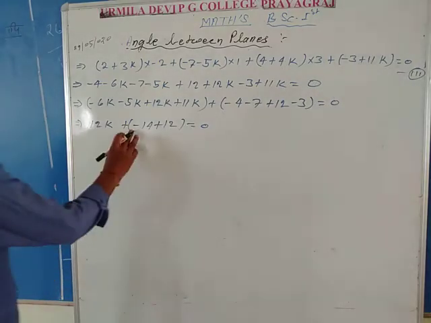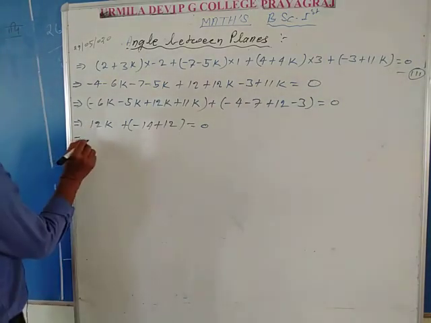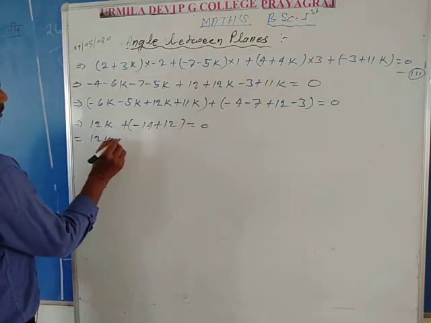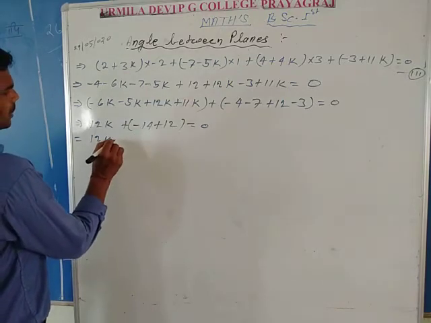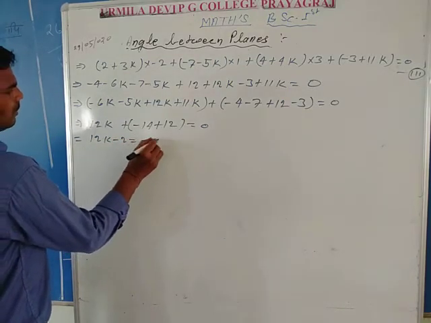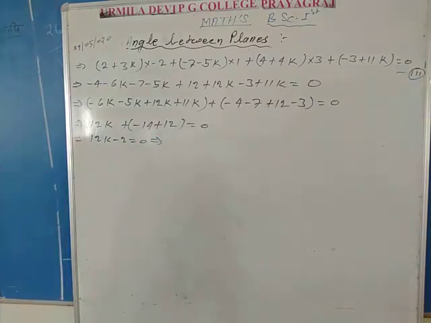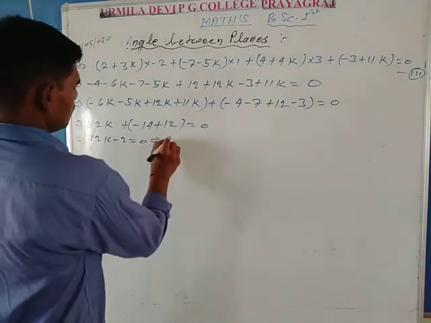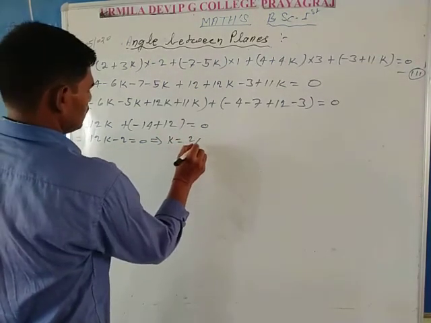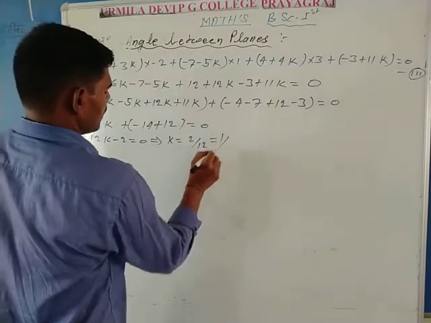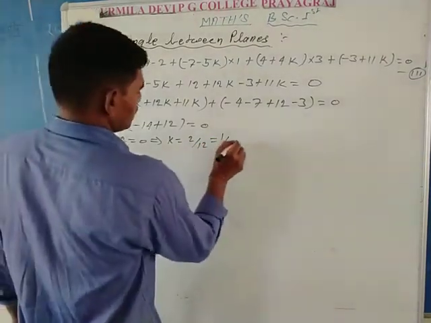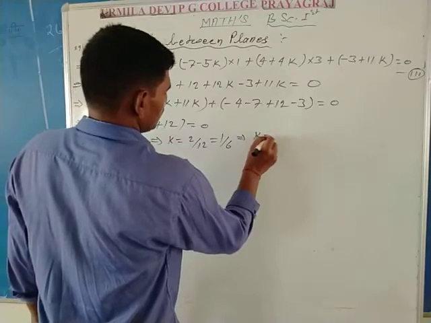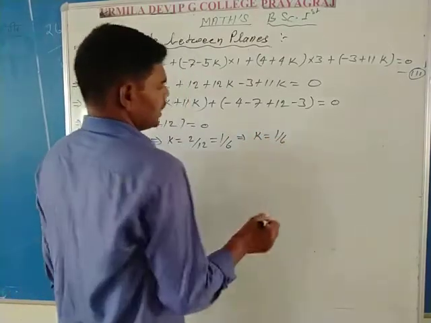After simplification, 12k - 2 is equal to 0. It implies k is equal to 2 by 12, which is 1 by 6. So k is equal to 1 by 6.